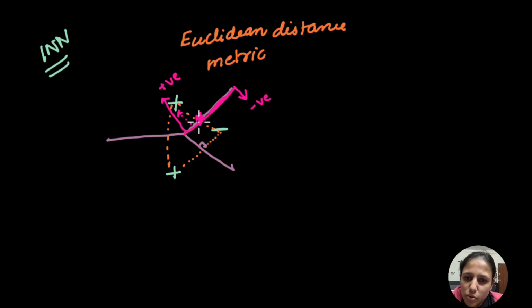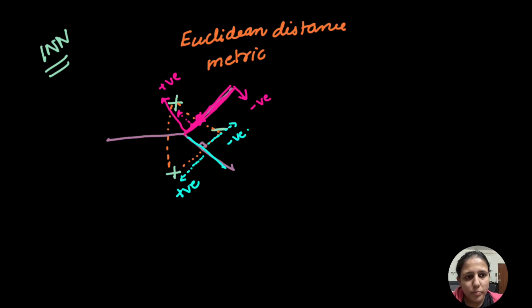Okay, so this decision boundary is like this. Similarly, here if you see, every point which is beyond this line will be classified positive, and everything which is beyond this line will be classified negative.